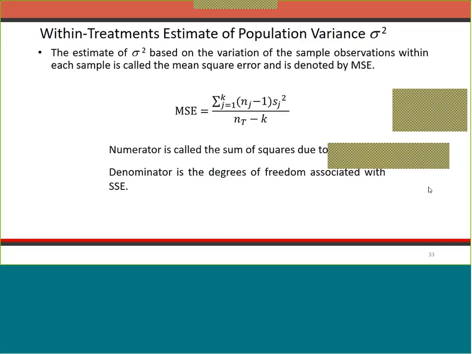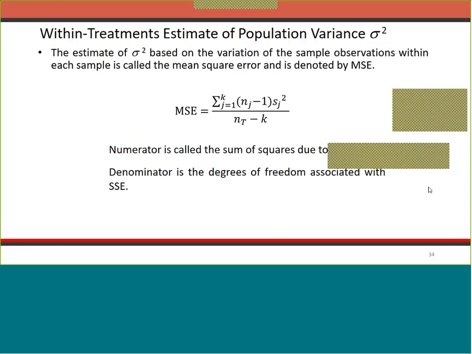Similarly, the within treatments estimate of population variance, I am calling MSE, mean square error, is given by summation j runs from 1 to k of nj minus 1 into sj square, divided by nt minus k.